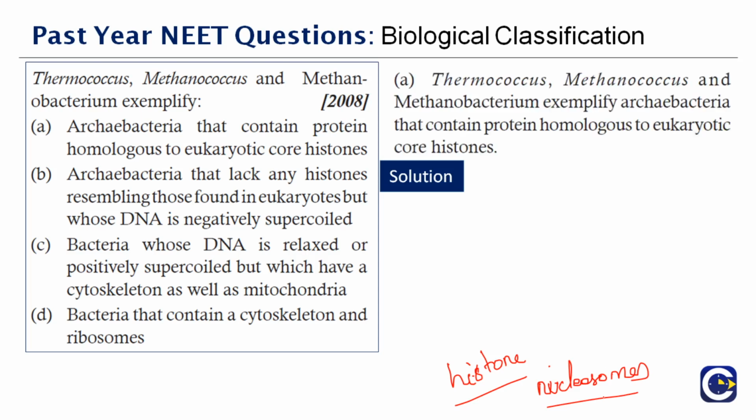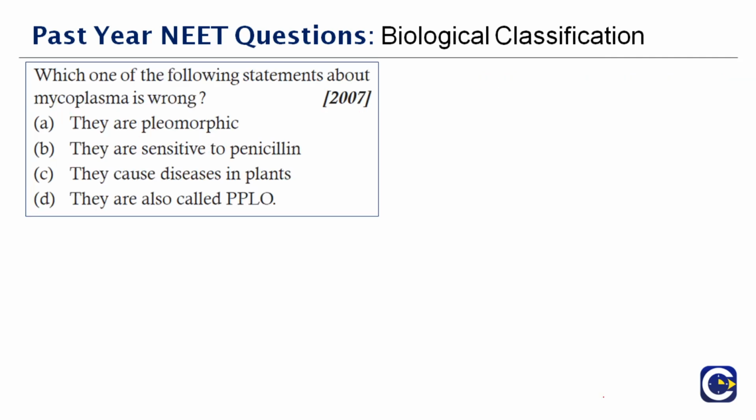Therefore, the correct answer to this question is option A. Next question here. Which one of the following statements about mycoplasma is wrong? You're given four options: they are pleomorphic, they are sensitive to penicillin, they cause disease in plants, and they are also called PPLO. So what is mycoplasma? Let's discuss that first.